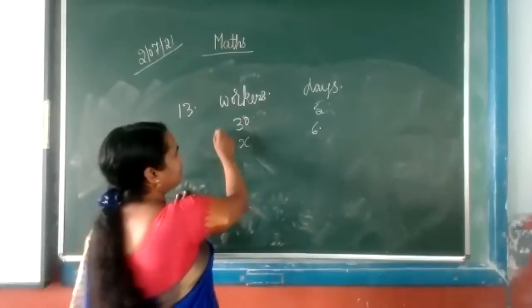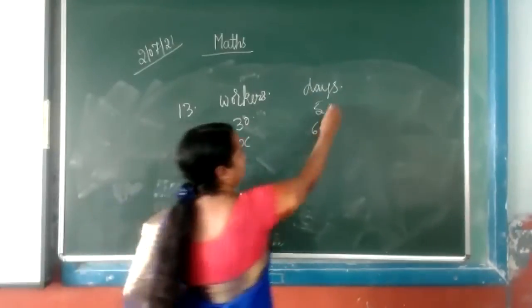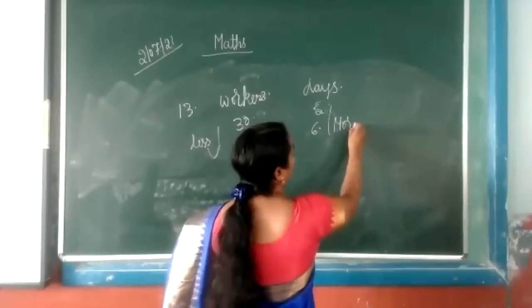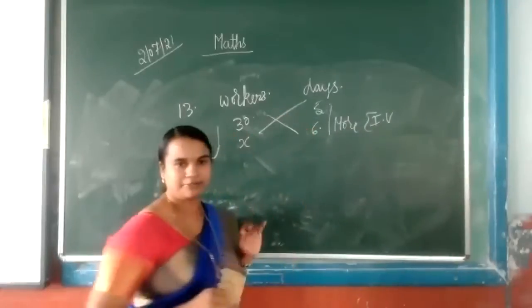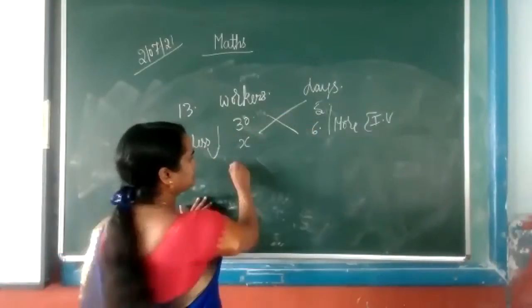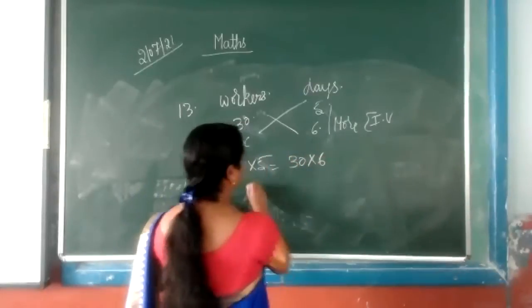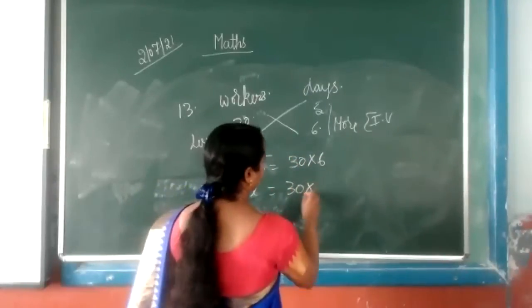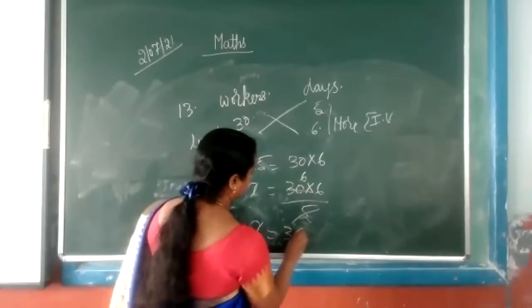So here we will get less, here we will get more. So more and less means it will be indirect variables, cross multiplication you have to do. That means x into 5 equals 30 into 6. So x is equal to 30 into 6 upon 5, so 36.